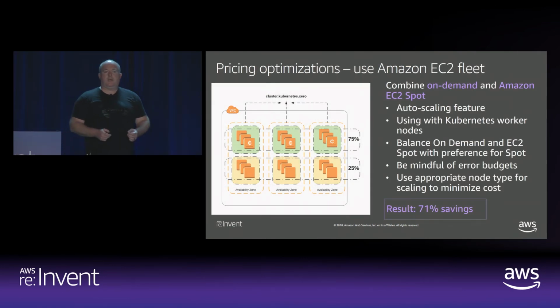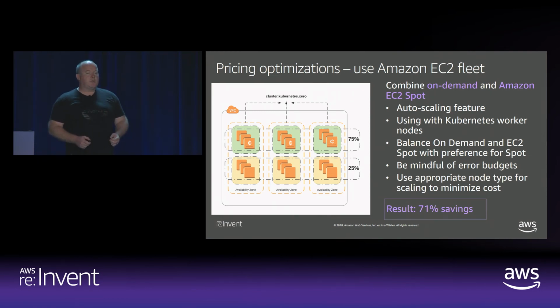The other option to look at is using Spot. We use EC2 Fleet, and that allows us to combine on-demand with EC2 Spot. EC2 Fleet is only available from the API or the AWS CLI. This diagram shows a typical Kubernetes cluster at 0. The worker nodes are split across 3 availability zones, and in our configuration, we launch 25% of those on-demand and 75% on Spot.